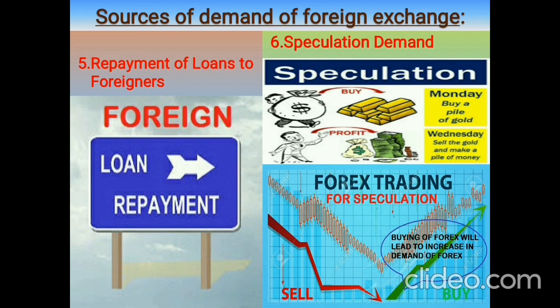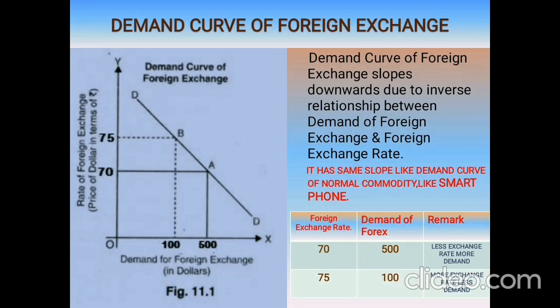So after the sources of foreign exchange and the demand of foreign exchange, we move to the next step. We are constructing the demand curve for foreign exchange. As you see, the demand curve of foreign exchange slopes downward due to the inverse relationship between demand of foreign exchange and the foreign exchange rate.